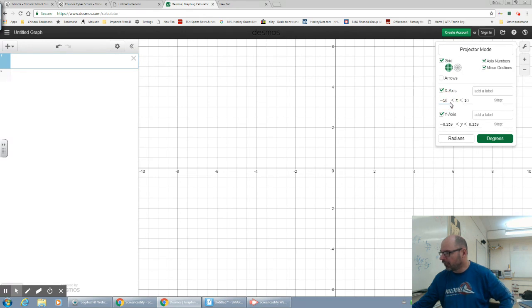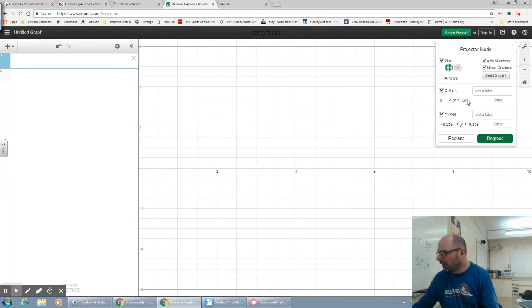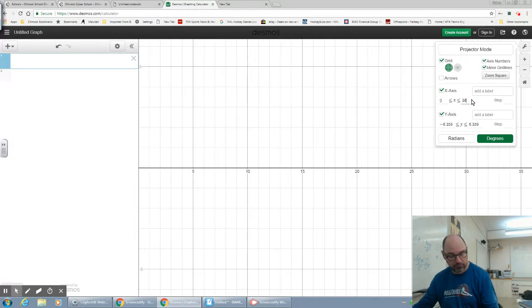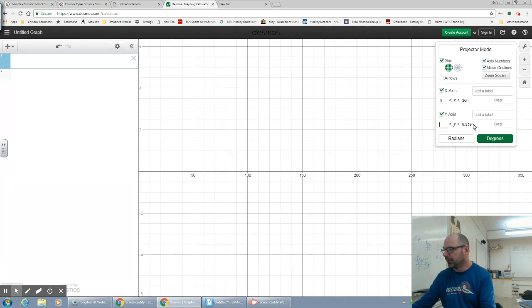We're going to start at 0 degrees, and we're going to go up to 360 degrees. And then along the y, we're going to assume that it's a unit circle. So we're going to go from -1, because it can go backwards, to +1.